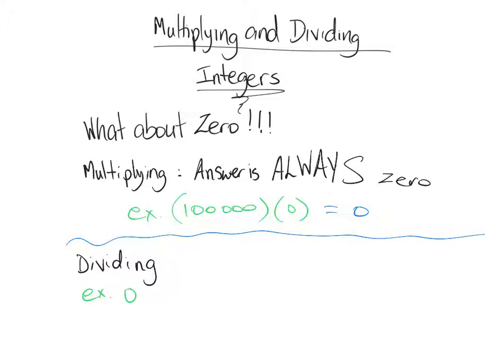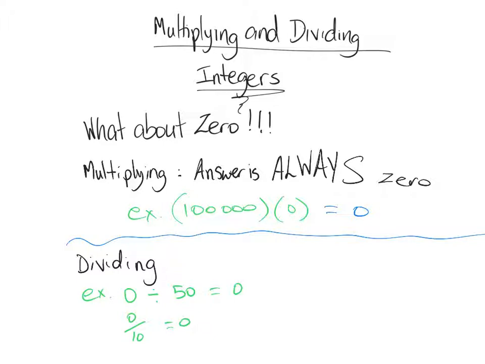So 0 divided by a number, so let's say 0 divided by 50, the answer is 0. So when you divide 0 by a number, the answer is 0. So for example, another one that's similar, 0 over 10, the answer is 0. It's like saying I have 0 slices of cake out of the 10 slices of cake that exist. It is just 0 slices of cake.